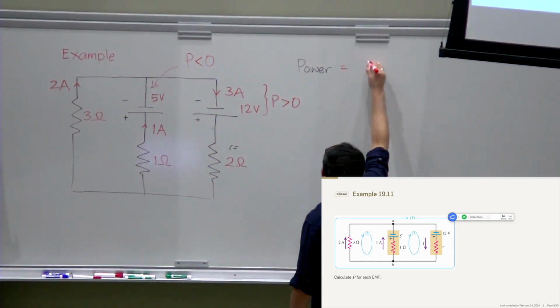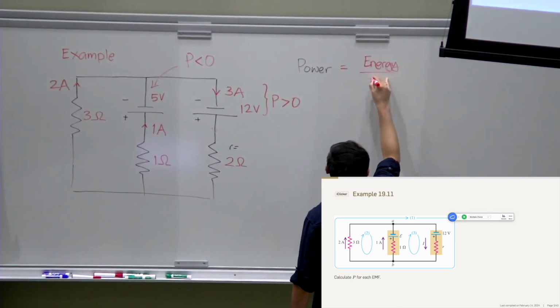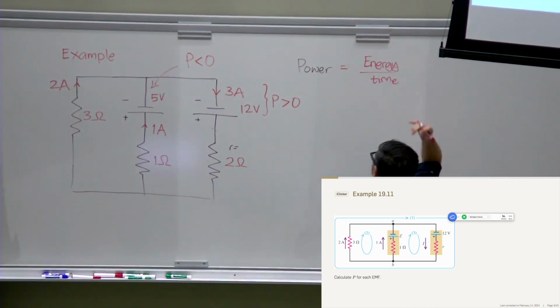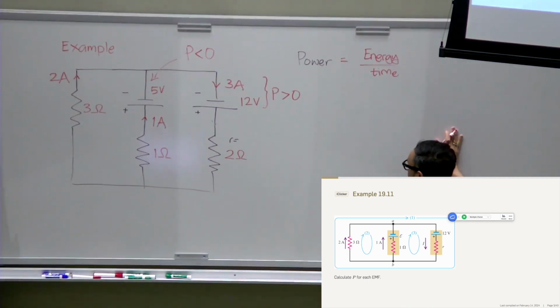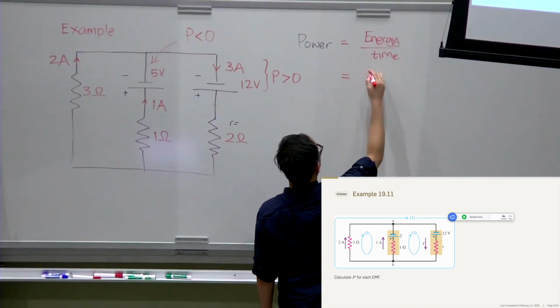So power is energy per unit time, and the unit is watts. Basically the change of energy per unit of time.